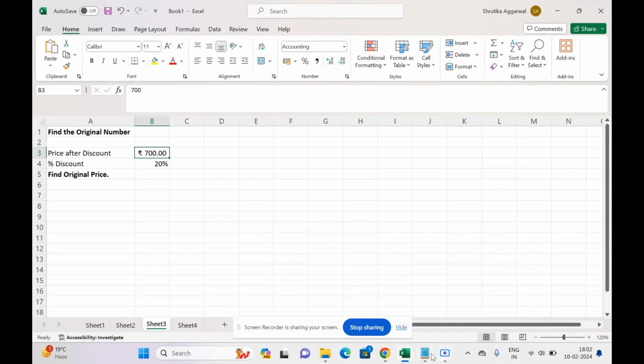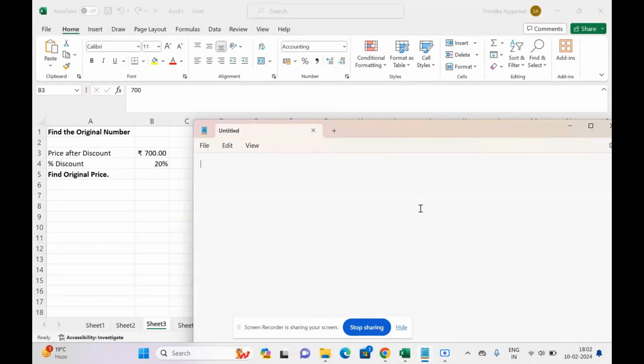So I'll just use notepad for this. That means 700, I have an original, let's say original is 100%. I get a discount of 20%.